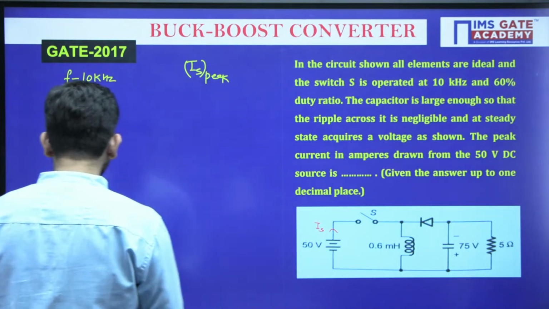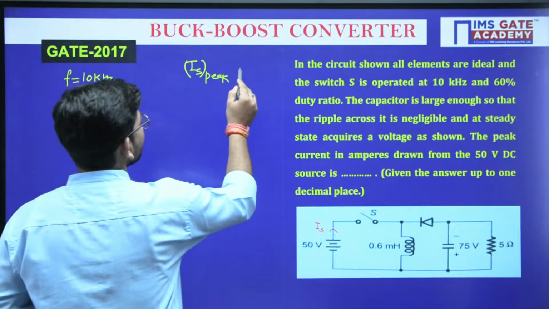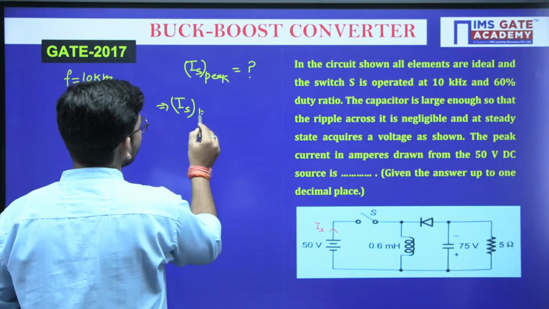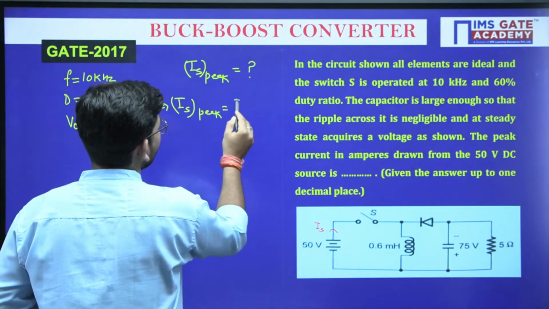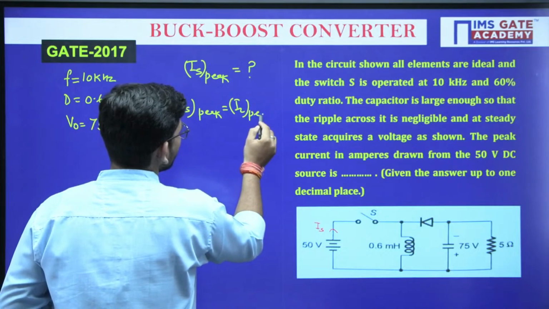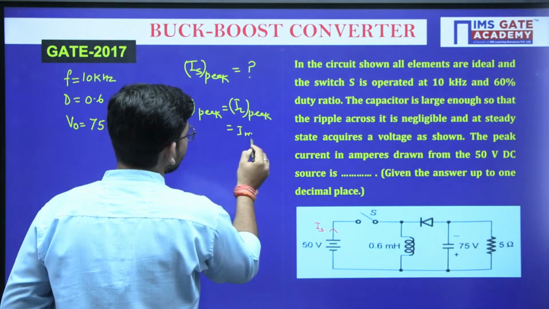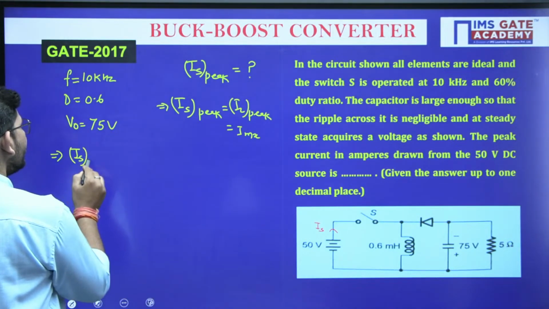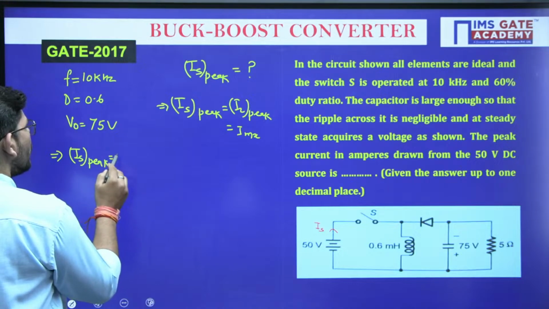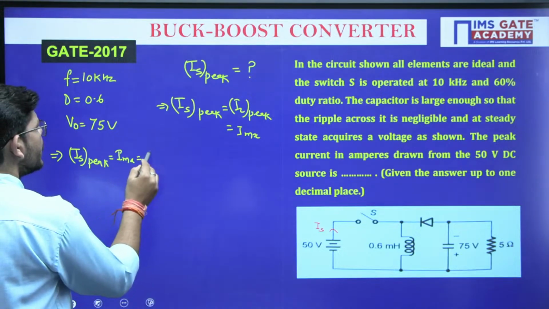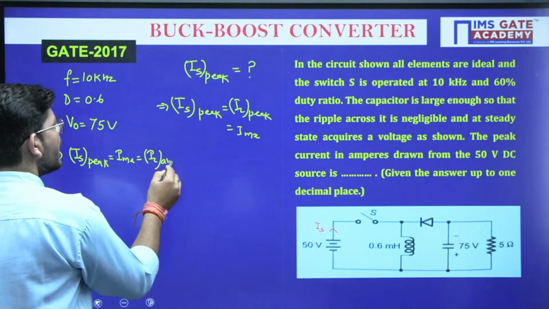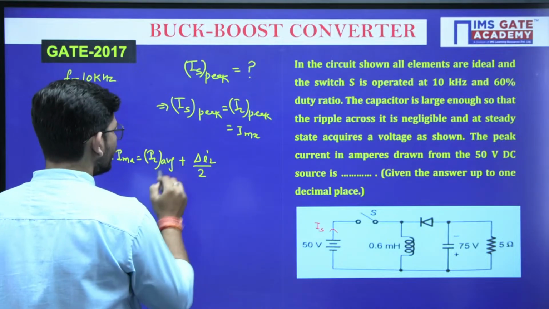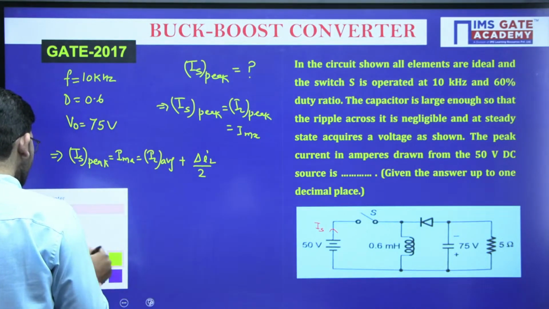The peak value of source current that we have to calculate here is nothing but the peak value of inductor current, and that is called I max. So I max equals IL average plus del IL by 2.